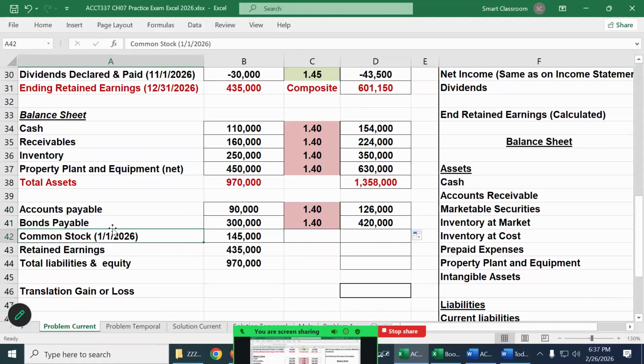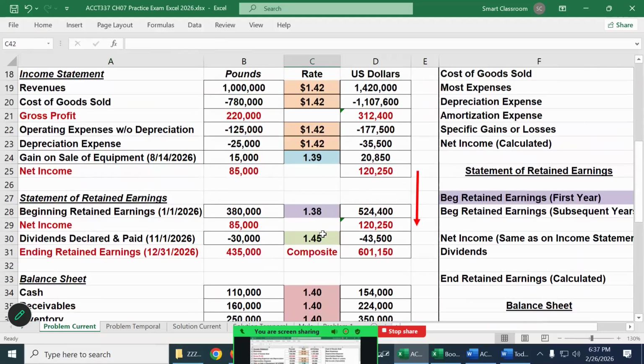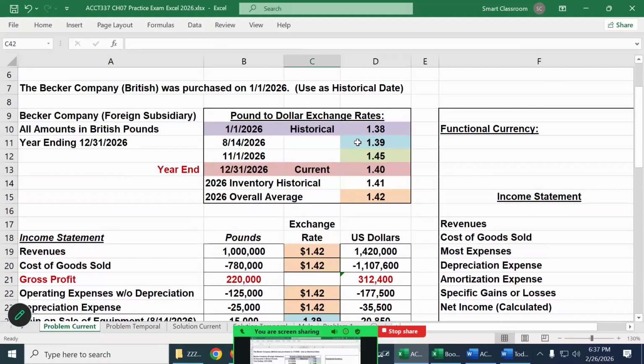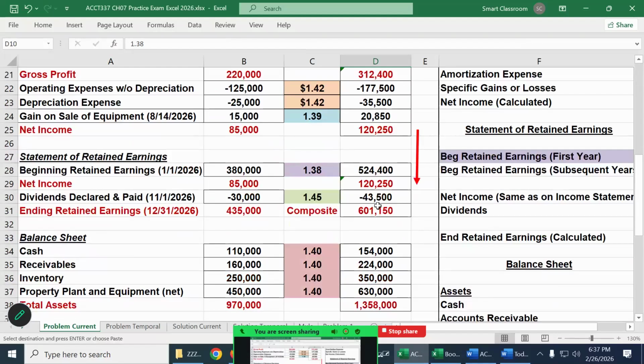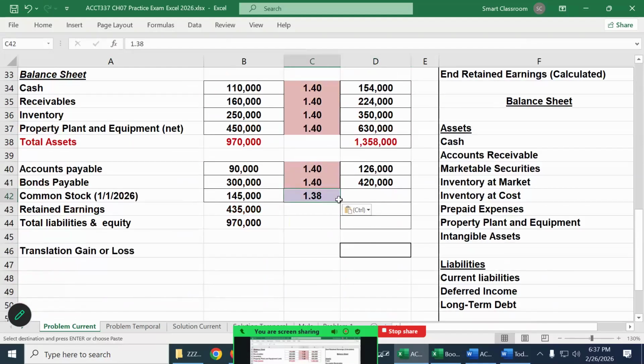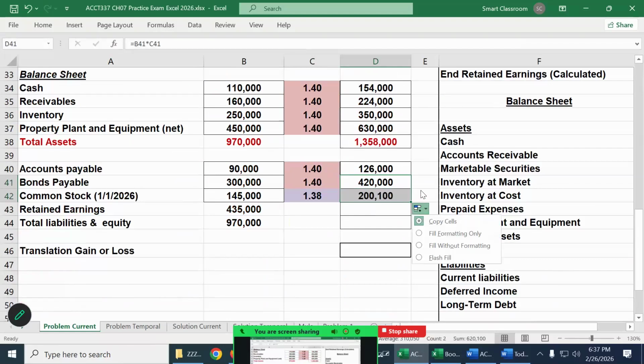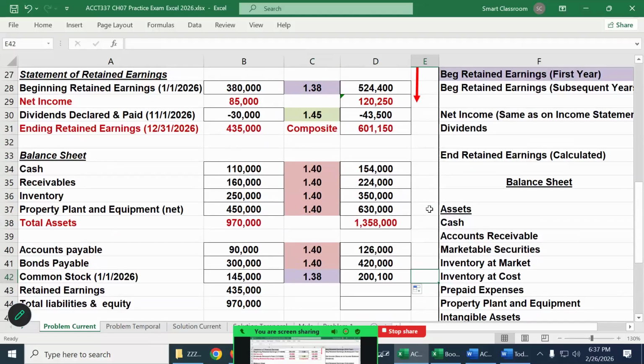And by the way, for this one, we're going to keep going back to the first of 2026. Okay, and then we got the ending retained earnings. Copy this arrow. So the retained earnings is just going to come straight down here. This will be the ending retained earnings.